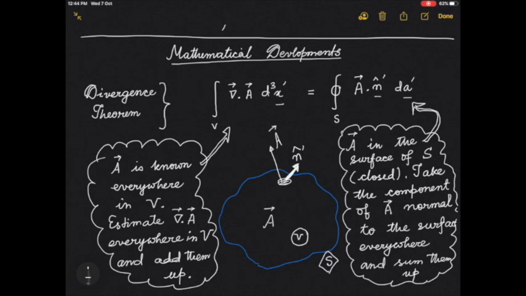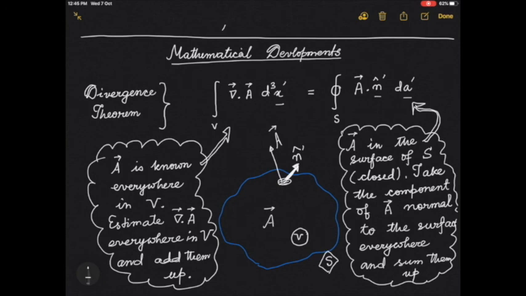Now you see, it's very interesting. The left hand side and the right hand side are equal, and that's amazing because in the left hand side you have to know A everywhere inside the volume. That's a huge amount of information that you need, and then once you do this integral you get some number. The right hand side is telling you that you can get the same information just by integrating something on the surface which surrounds this volume.